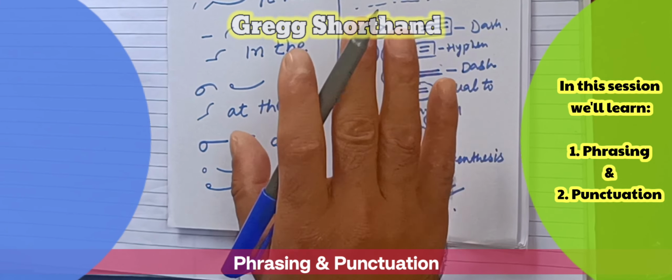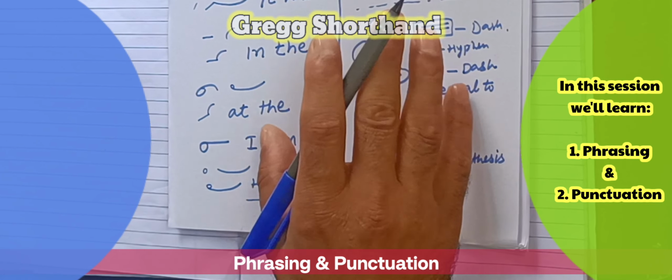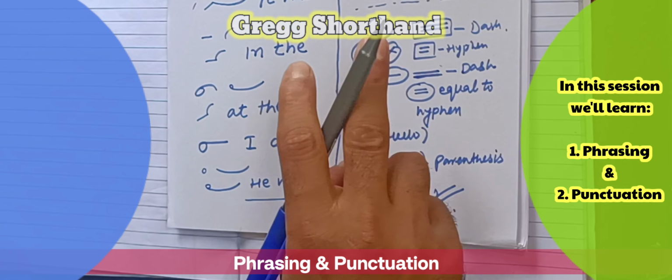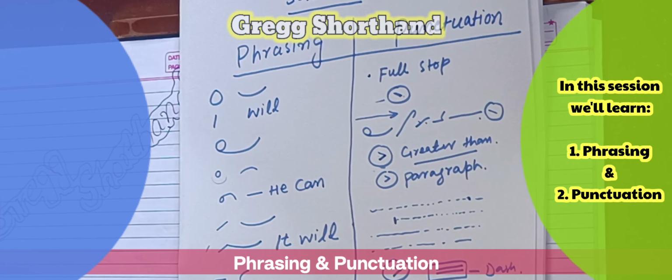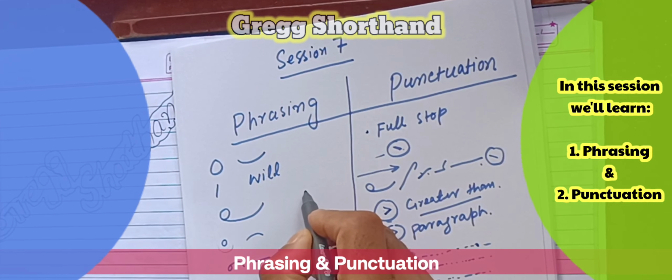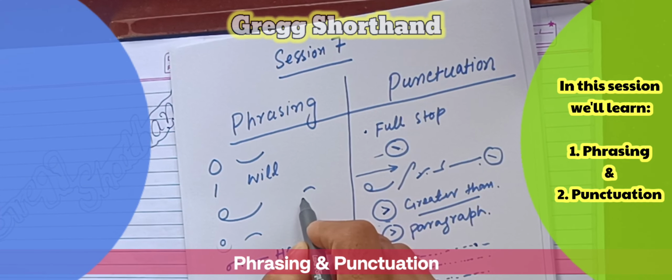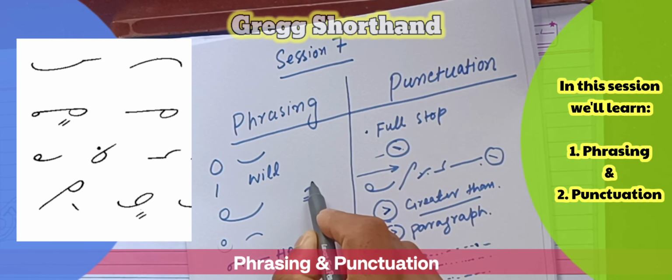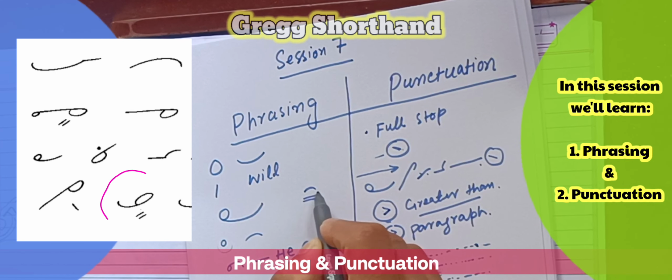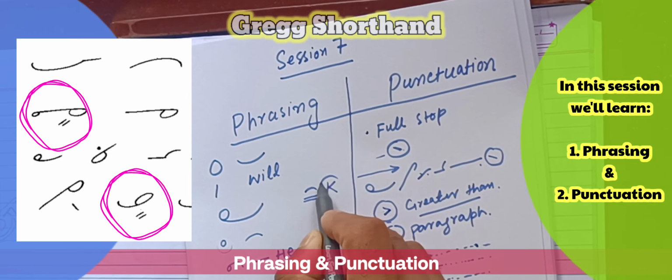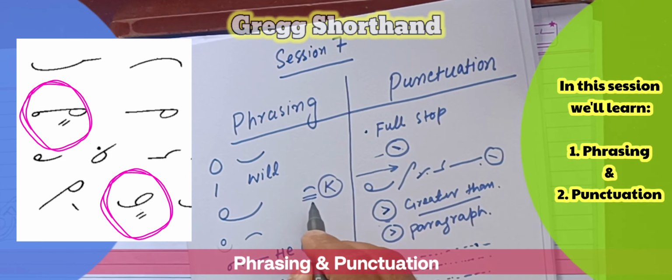Also, capital letters and proper names are indicated by placing two short dashes under the word. For example, if you have to show this K over here is capital, you can put two dashes under this character to show that this is capital K, not small k.